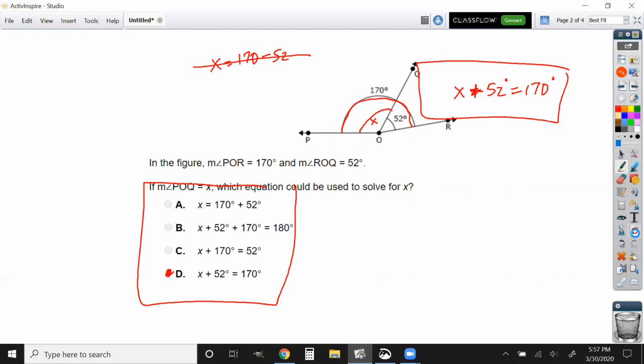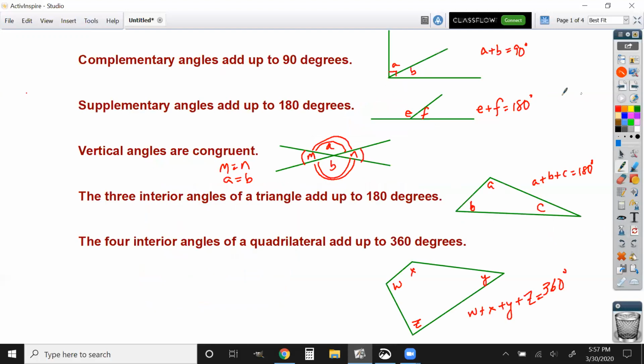All right. Now, we didn't use any of our 5 main ideas on that problem, but I guess we could use something called adjacent angles. Adjacent angles are two angles that have a common vertex and a common ray, and one will be on one side and one will be on the other side.